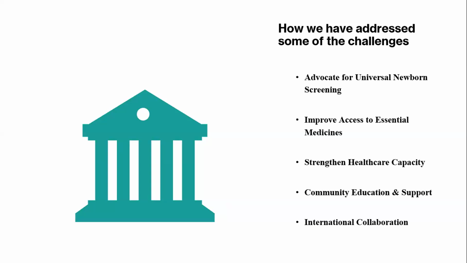Firstly, we are advocating for universal newborn screening, because I believe this is where it all begins, to promote cost-effective and feasible screening programs. We're hoping to collaborate with other hospitals and get screening. There's screening for other conditions that's been availed, but for CAH is what we are hoping to get.